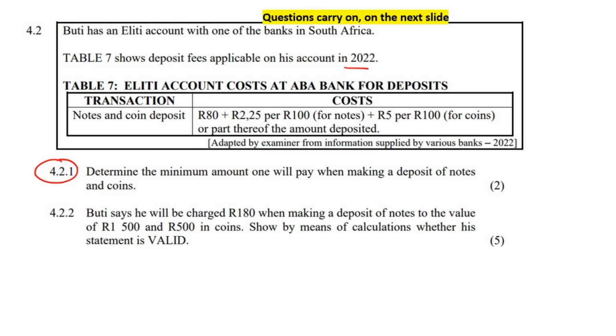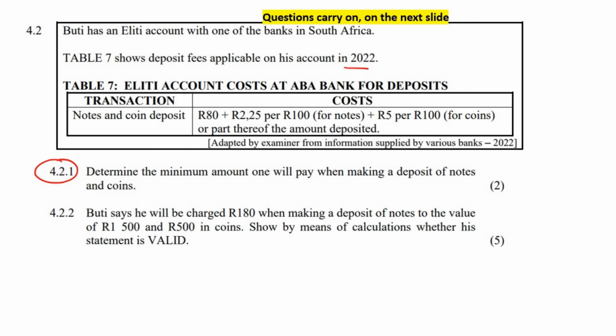Then they're going to charge you 2 Rand 25 for every 100 Rand that you deposit, and that can be notes, it can be 10 Rands, 20 Rands, it doesn't matter. And then you're going to be charged 5 Rand for every 100 Rand in coins.